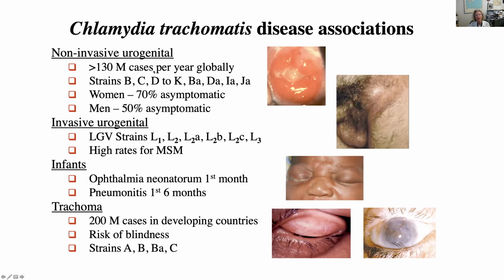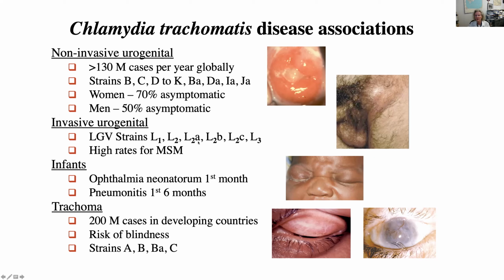So here we have non-invasive urogenital strains that cause cervicitis, urethritis. Obviously, these infections can track upwards and cause upper genital tract infections, and they're caused by these strains here. The invasive strains are the lymphogranuloma venereum strains listed here, and they can form an asymptomatic ulcer.